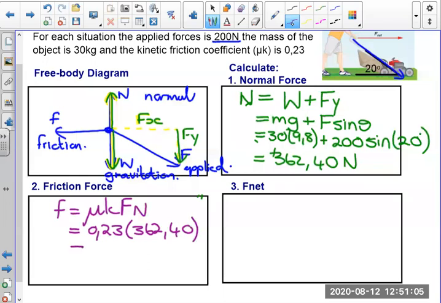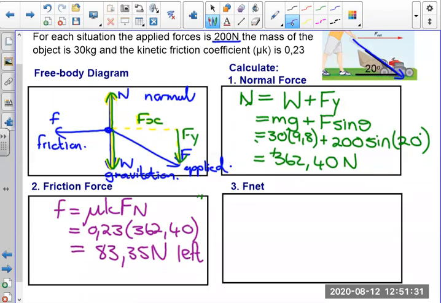When I multiply that, I get the friction force in this case, and it's going to be 83,35 newtons. And if I give a direction, because a force has a magnitude, the direction will be to the left, because the picture shows that the object is going to the right.